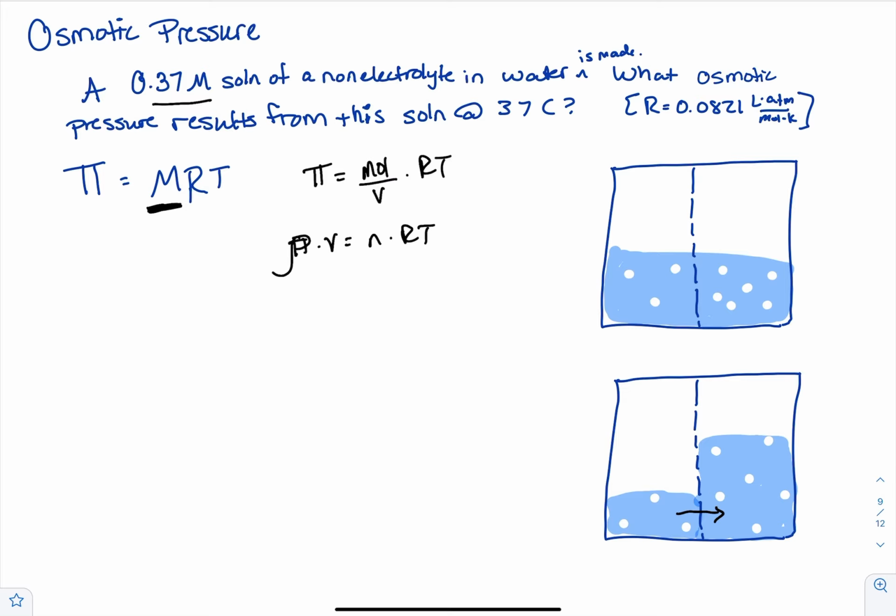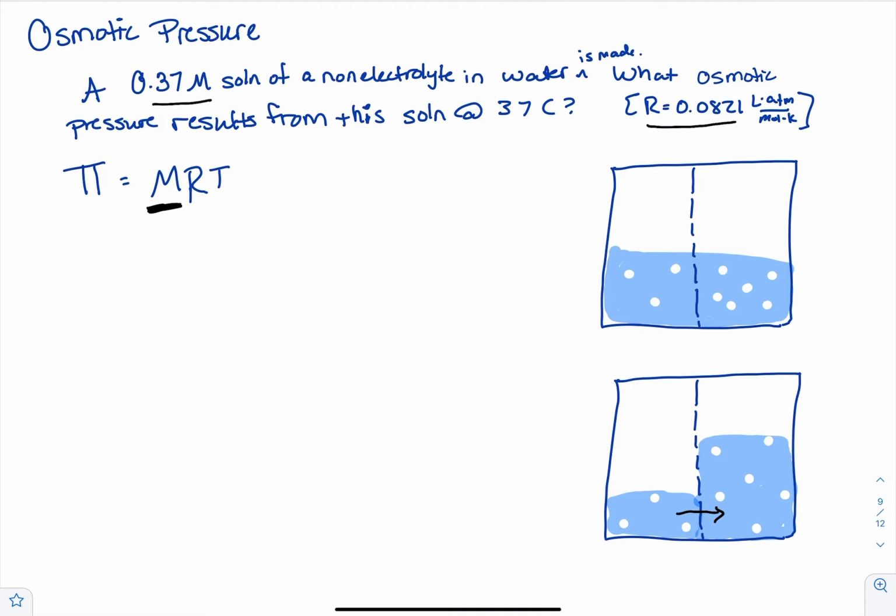So this is not a new equation. We're just putting the n and the V together and calling it molarity. Since it comes from the gas equation, we need to use the gas R constant. Whenever you're dealing with thermodynamics, you want to use that 8.3 constant, but when you're using gas type things, you want to use that 0.0821 constant.